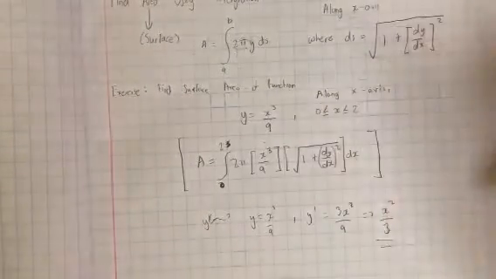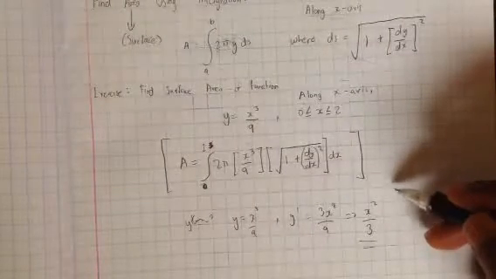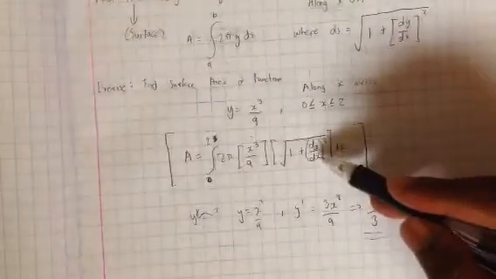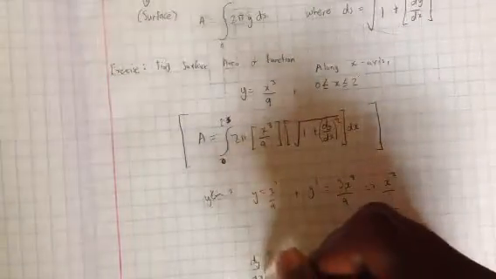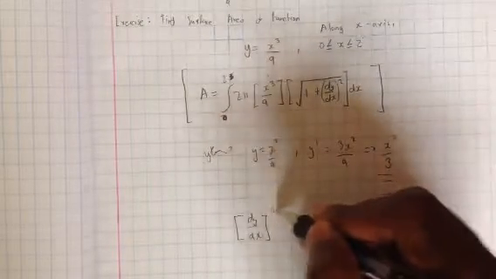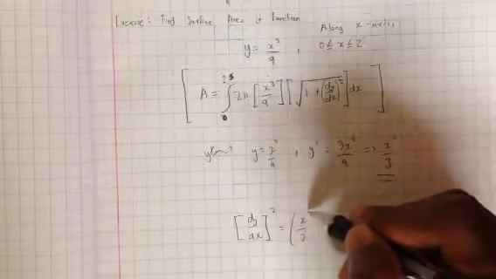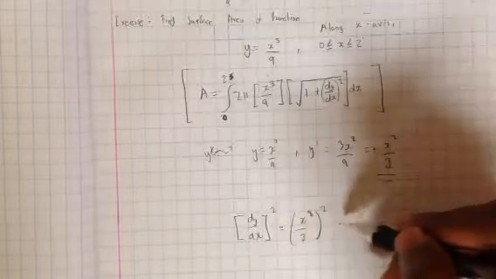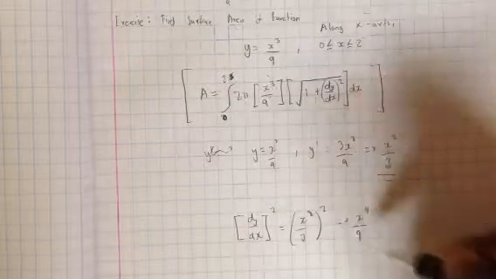So that's our dy over dx, x squared over 3. Now we have to square that. So dy over dx squared will be (x squared over 3) squared, which means both of these get squared. Then we end up with x to the power 4 over 9.